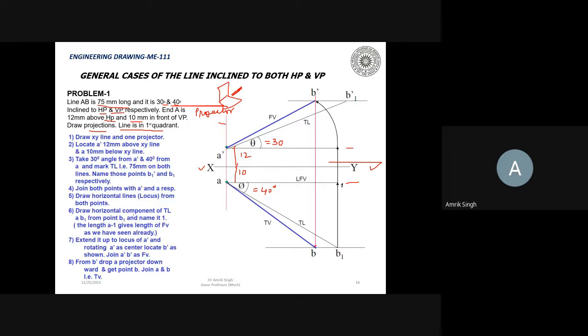So draw the horizontal component of this. You have to draw this as 75. So the true length is given to us.